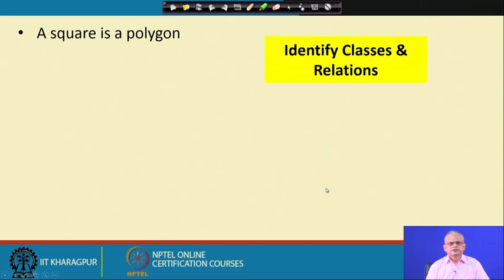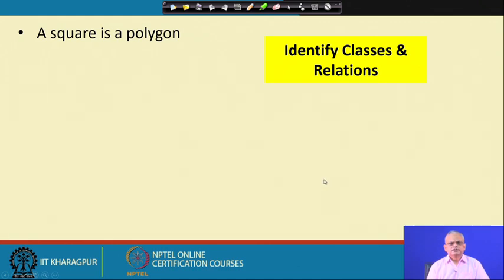This is rather straightforward. The two classes are square and polygon, and there exists a generalization specialization relationship. It is an is-a relationship. You can see the is-a phrase there, which quickly identifies the type of relationship between square and polygon.